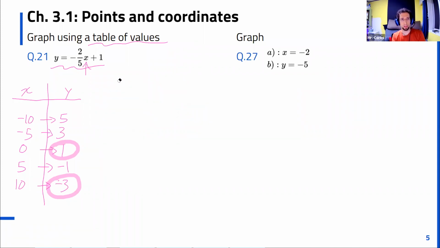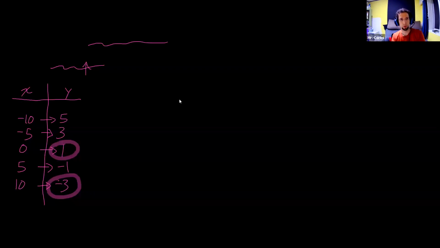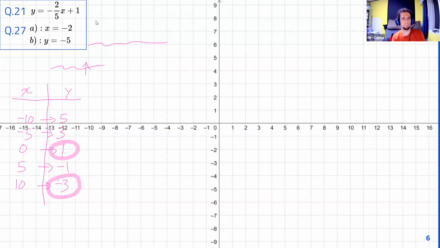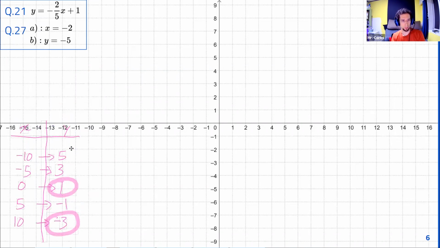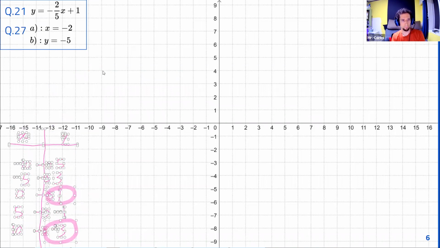So there is a table of values and we could graph that. So let's hop over to our graph here. It's a little hard to read with the background, but it's still mostly okay.